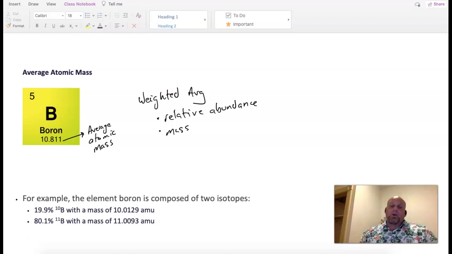So based on how often a particular isotope is present as compared to the other isotopes, and then the mass of that particular isotope, is how we are going to get this weighted average.